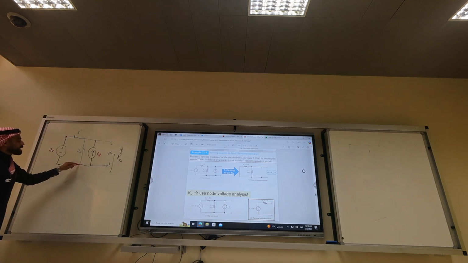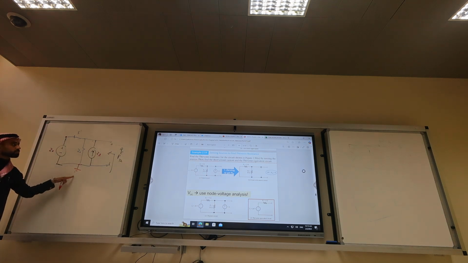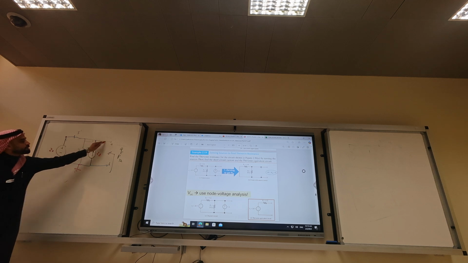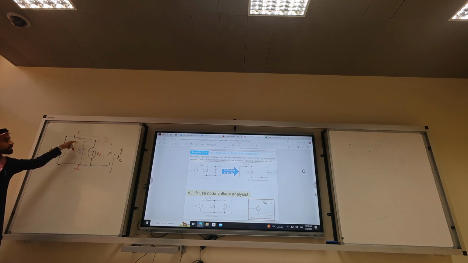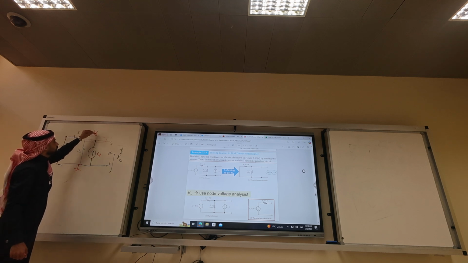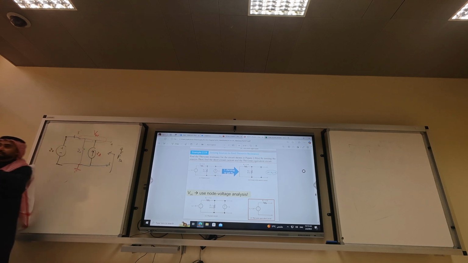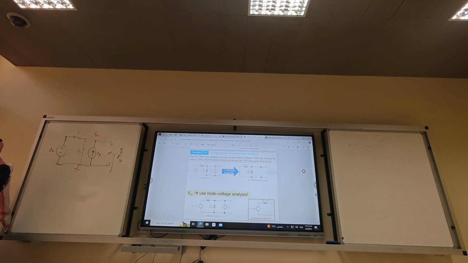How many nodes? The ground, node number 2. And then we only have one big node here. All of this is a node. So that's the node of interest. We call it VOC, open circuit node. Get it? So whoever said 3 nodes, assuming the ground, you're right. If you say 3 nodes, not including the ground, come and see me in the office. Unless you got it now, okay?